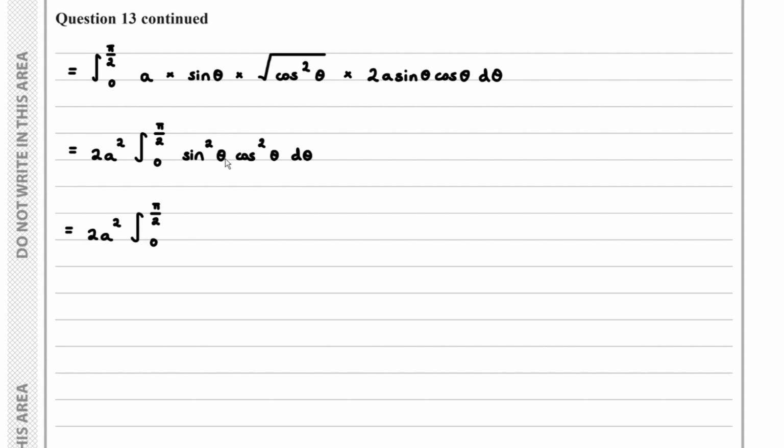And what I can do is group together the sine squared theta and the cos squared theta as (sine theta cos theta) all squared. And if we use the identity for sine 2 theta equaling 2 sine theta cos theta, but recognizing that we have a sine theta cos theta, we can replace the sine theta cos theta with 1/2 sine of 2 theta, all squared, d theta.